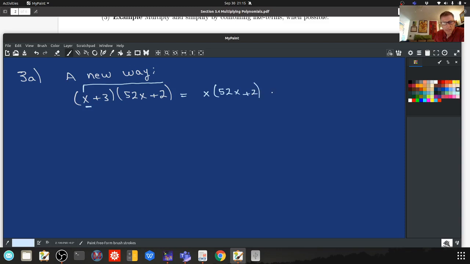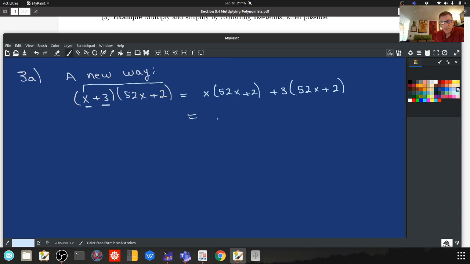And then I'm going to take my second term in my binomial and again multiply it by everything under the second parentheses. So now we've reduced the problem to something that we've done earlier.